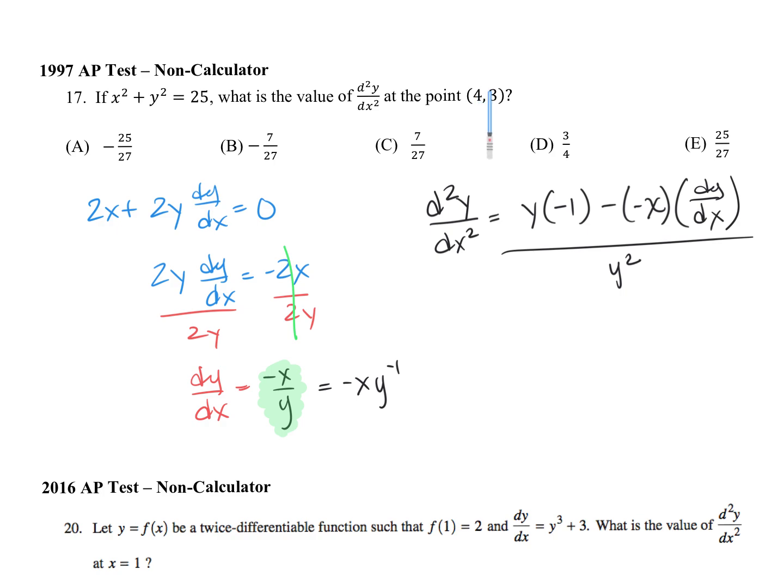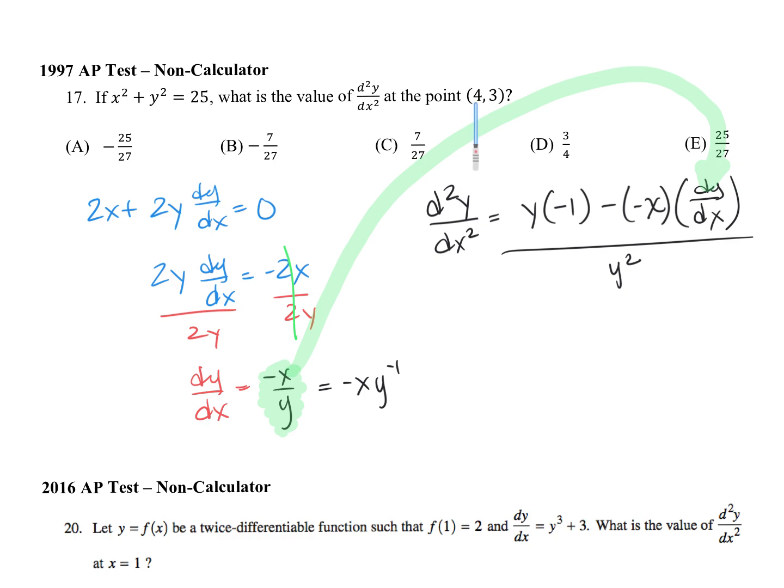They want us to plug in the point (4, 3). Before I plug that in, I've got an x of 4 and a y of 3. What can we put in for our dy dx? Can't we put in my negative x over y?